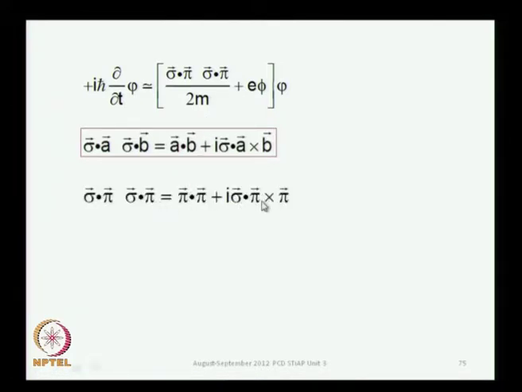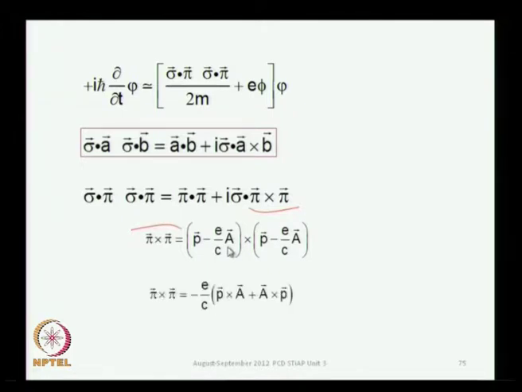So, let us simplify this relationship further. Pi cross pi is what appears over here, which is of course not 0. These are quantum operators, and you find exactly what they turn out to be. So, you first have a look at this term pi cross pi, where pi is the generalized momentum, which includes the magnetic vector potential as well, and you can throw away the quadratic term in A square over c square.